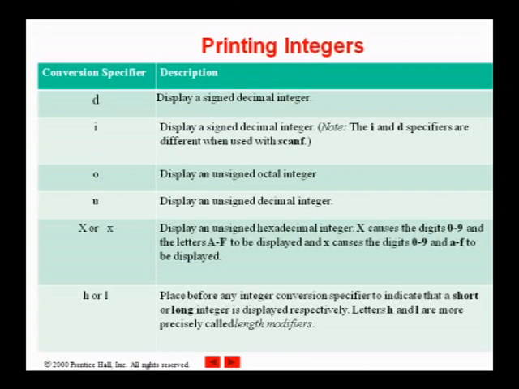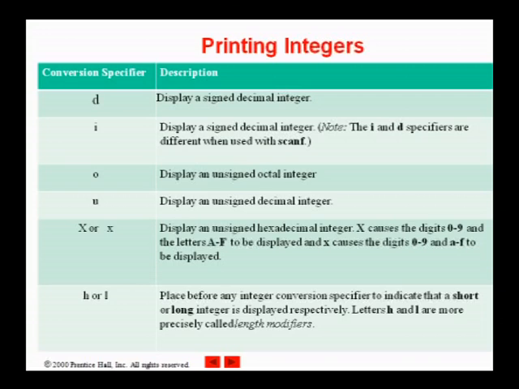Capital X or small x displays an unsigned hexadecimal integer, 0 to 15, whereas 10 represents a, 0 to 9 are the same, 10 a, 11 b, 12 c, 13 d, 14 e and 15 f, 0 to f.